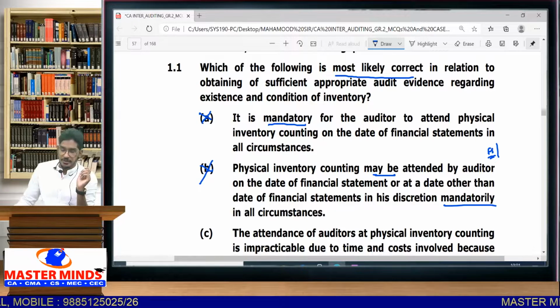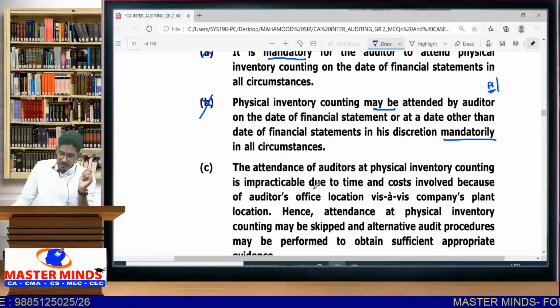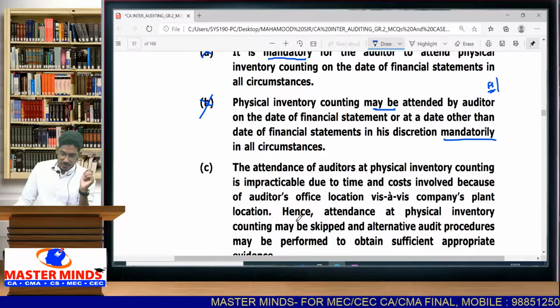Option C: The attendance of the auditor at physical inventory counting is impracticable due to time and cost involved because of the auditor's office location vis-a-vis the company's plant location.